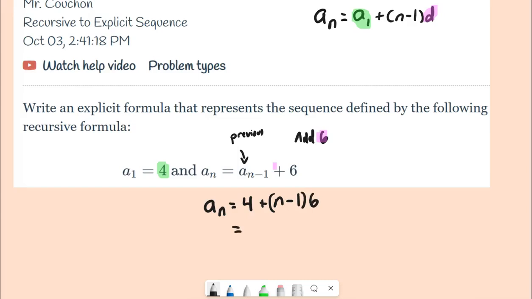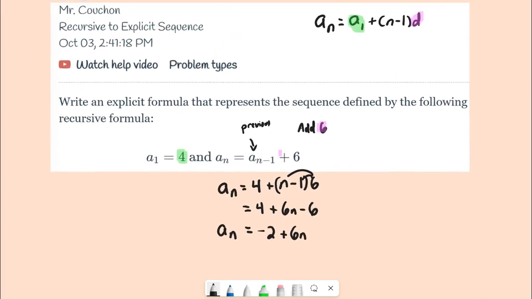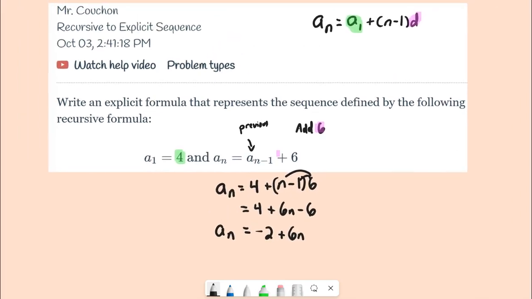Now all we have to do is simplify. We got 4 plus 6n minus 6. So now 4 minus 6, that's going to be -2. So A sub n equals -2 plus 6n. That is now the explicit formula for this sequence.